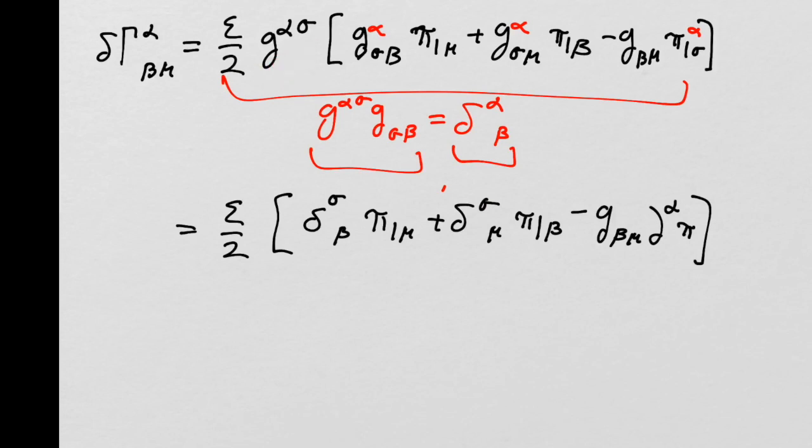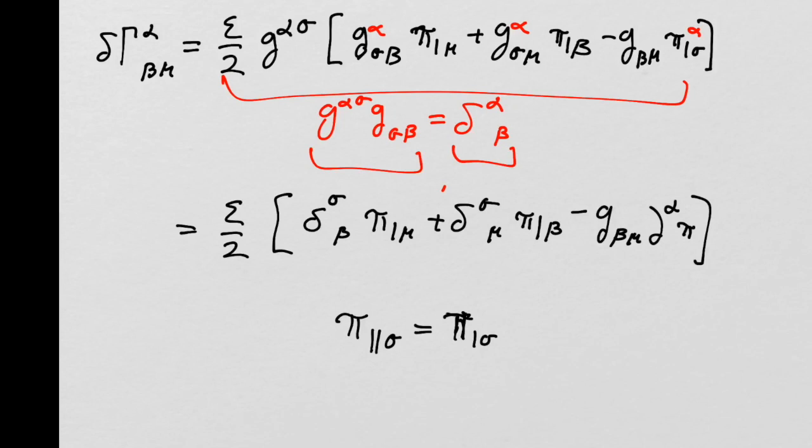If you decide to do that, you end up with this form here, where this is pretty easy and that's pretty easy. This becomes a bit of a confusion at the end because G alpha sigma is raising the index on pi. You may remember pi is a function, so the covariant derivative of pi sigma is just equal to its first derivative, because for functions the covariant derivative and the regular partial derivative are the same.